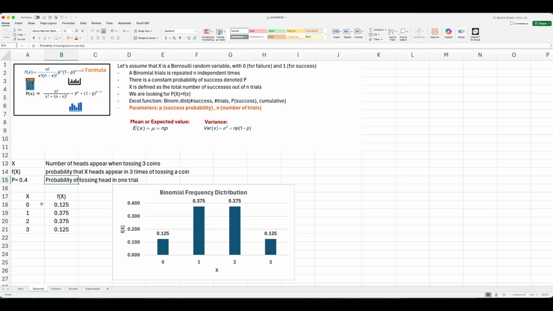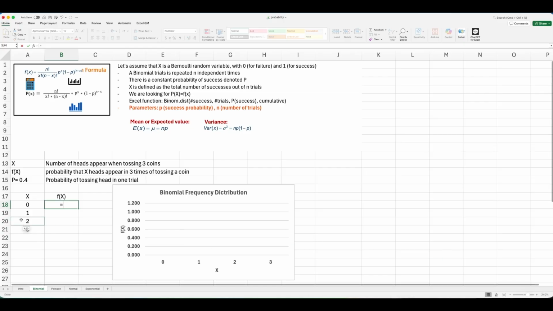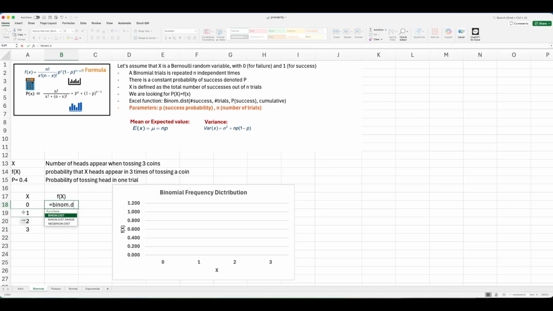So now we can calculate these probabilities. What is the probability of getting 0 heads when we toss 3 coins? In Excel, you can use the binom.dist function. As soon as you write down the function, it asks you for the input.